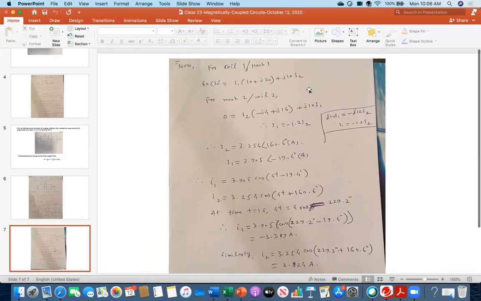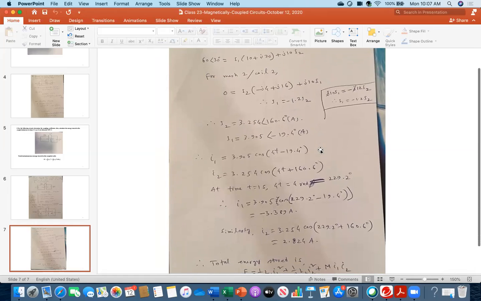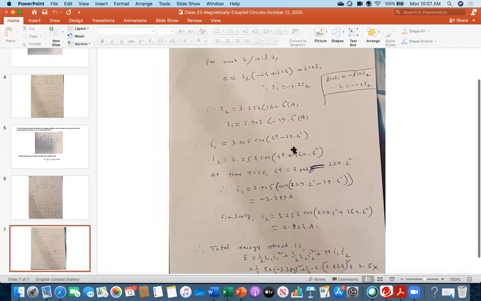Everybody, could you follow me? Yes. So, with your pen and paper, I got I1 and I2. Once I got I1 and I2, I have to convert into time domain.